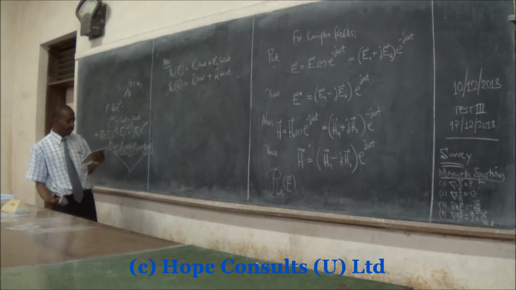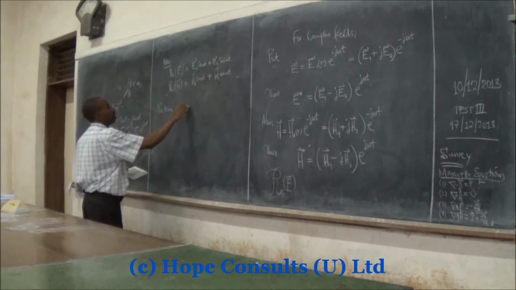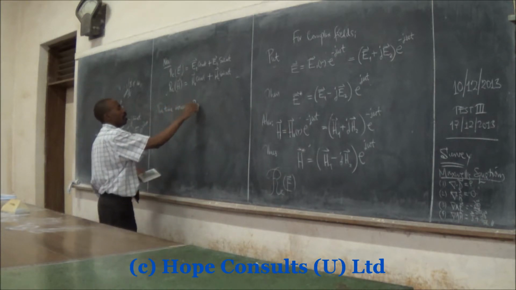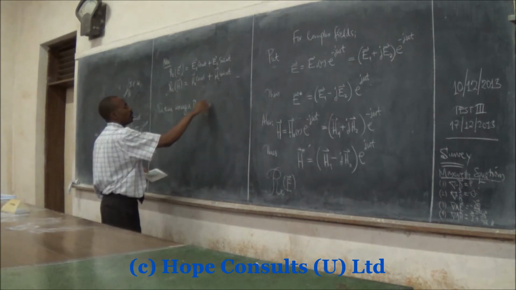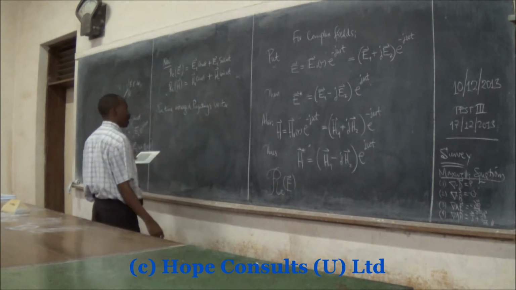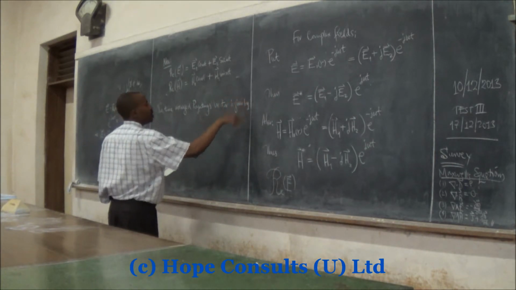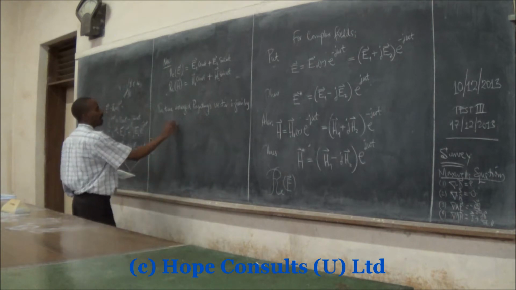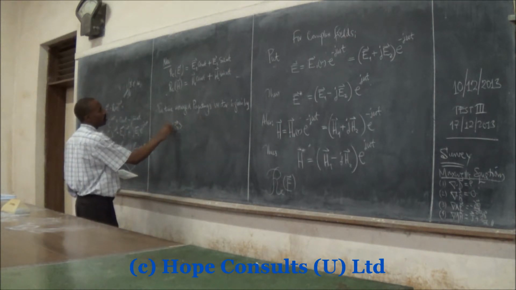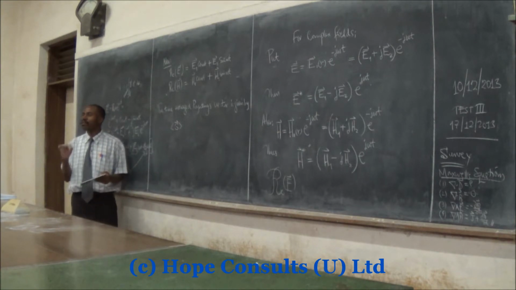Now the time averaged Poynting vector, which we can write as S, is given by, we write it as S and put these two signs to show that it is an average.